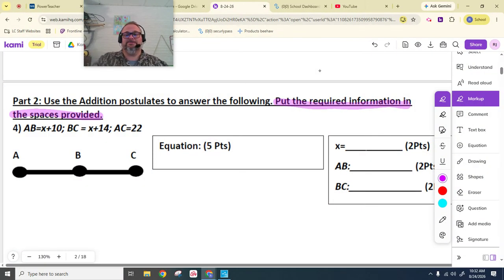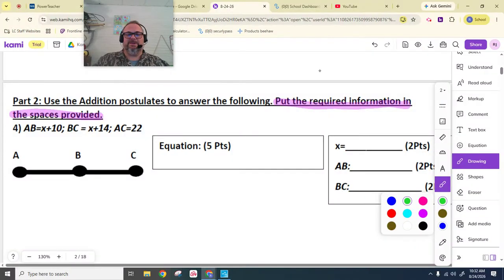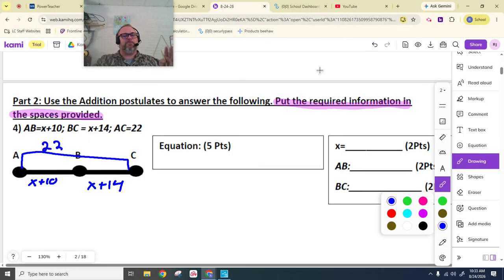The equation. Now you don't have to do what I'm doing right here, but some people do anyways. I'm not grading this part. I'm grading what's in the boxes.